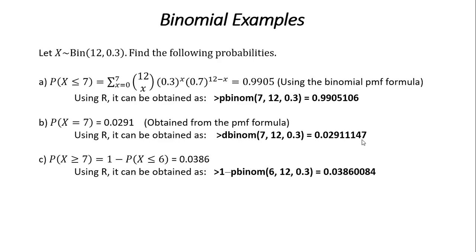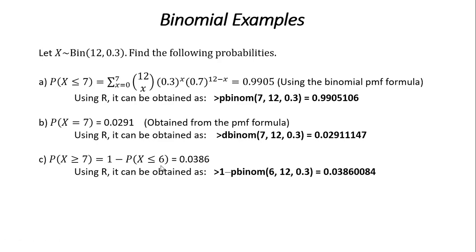As a third example, let's take a look at the probability X is greater than or equal to 7. I sometimes call this a right tail probability. The first thing we may do is try to express this using its complement, because when we do that, we convert the problem into a cumulative problem. This probability would be equal to 1 minus the probability x is less than or equal to 6.